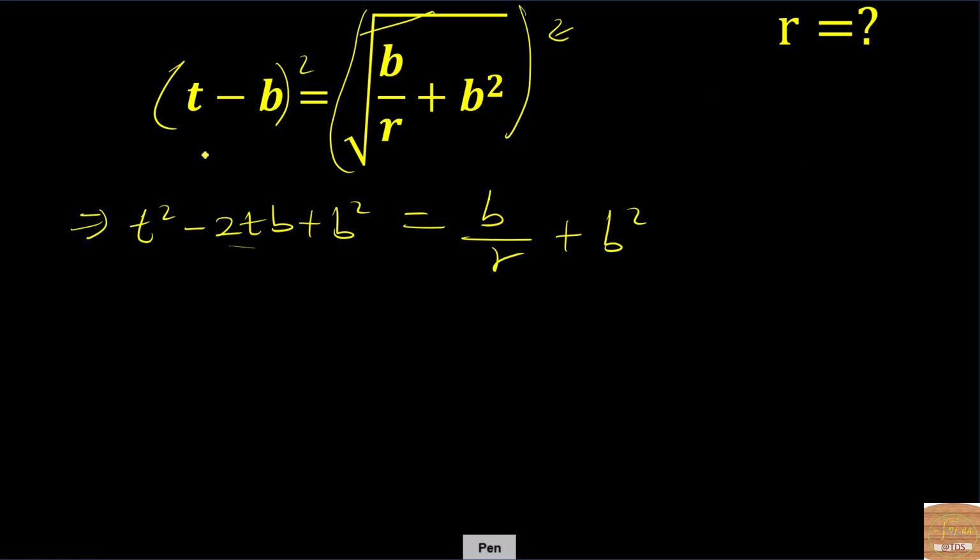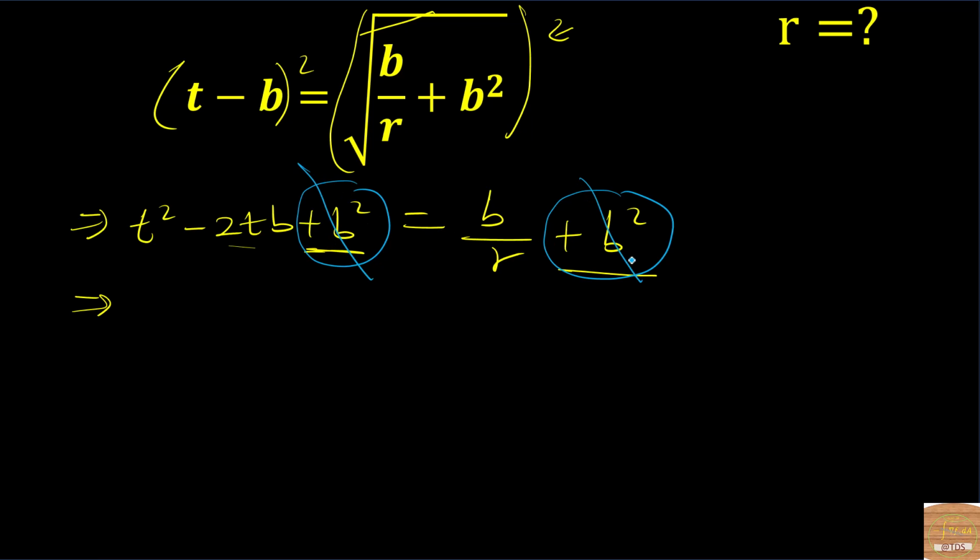Let's look at the left hand side and the right hand side. We have plus b squared and plus b squared. They have similar signs here, so they'll go away, because when this one comes to this side it will be minus b squared.